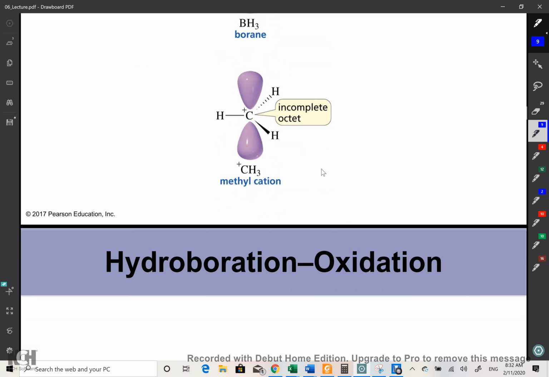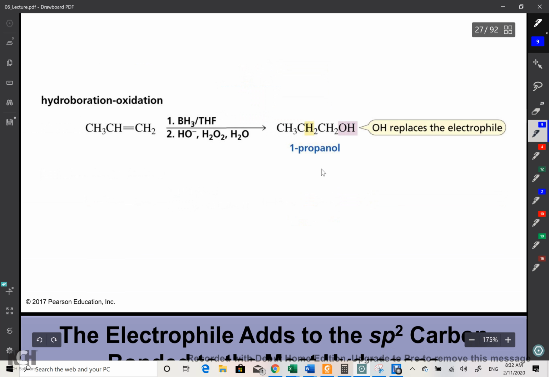And so if we have a borane, and then we react that with a carbon-carbon double bond, with the example shown over here, that will lead to the addition of hydrogen and water. So all I need from you guys here is, let me do it this way.